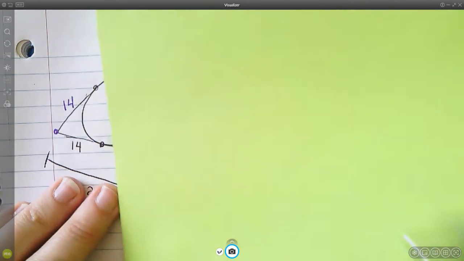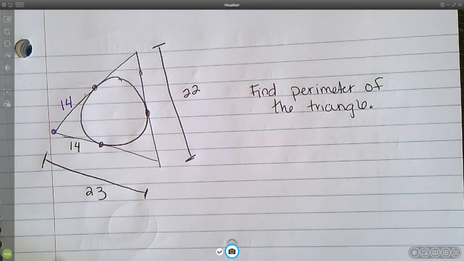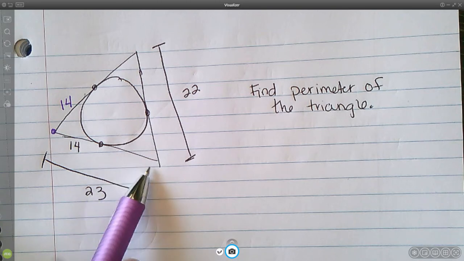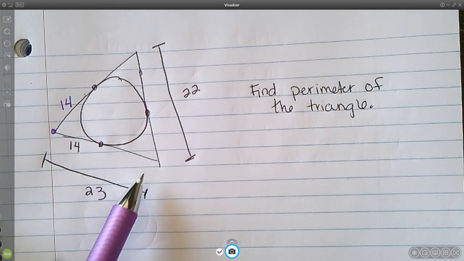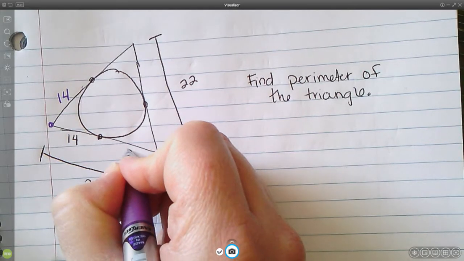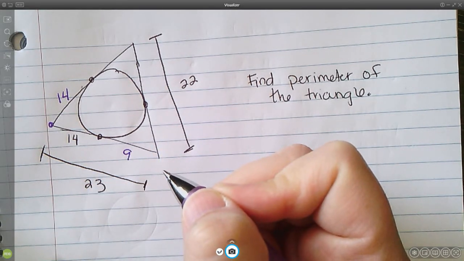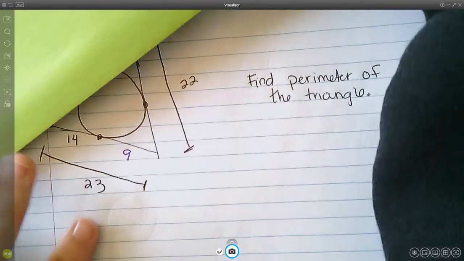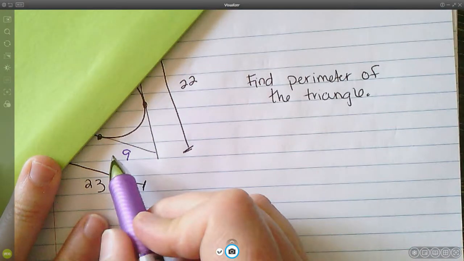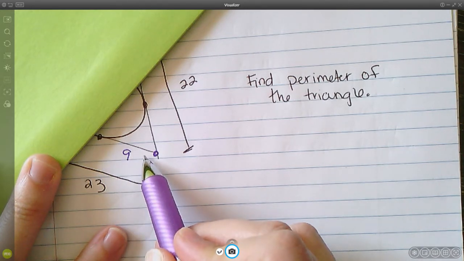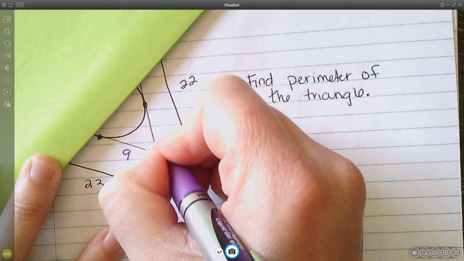Okay, that was easy enough. If this whole length is 23 and this length is 14, how do I figure out what this length is? You subtract the two, so this is going to give you 9. Again, not to scale. Then you can cover up this part. Here's your outside point. If this is 9, then this has to be 9.